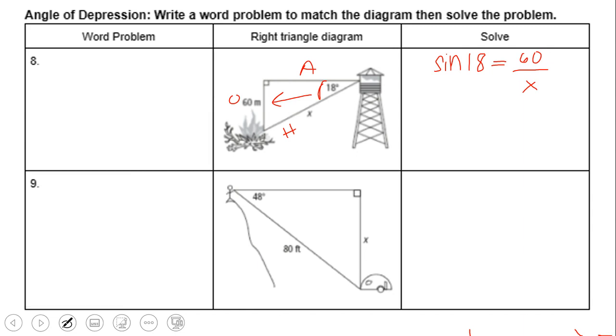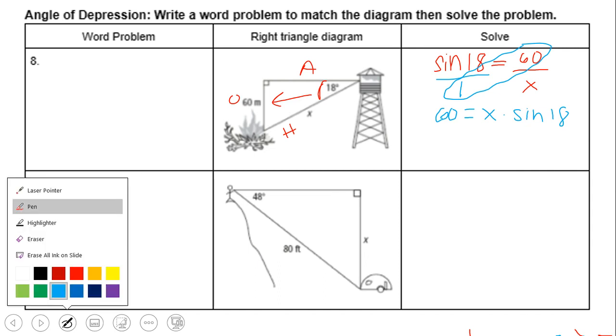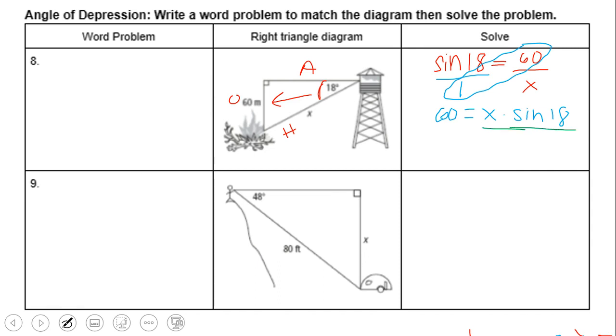So again, for this, we would turn it into a fraction and cross multiply. 60 times 1 gives me just 60. x times sine of 18 is on the other side, and I need to get x alone, so I'm going to divide both sides by sine of 18. And x is going to be equal to 60 divided by sine of 18.